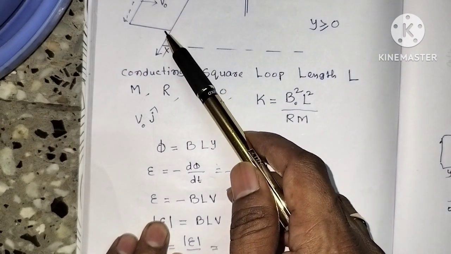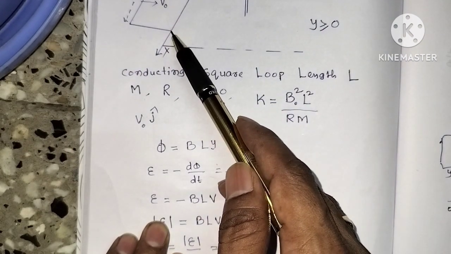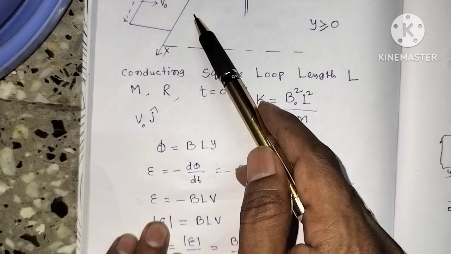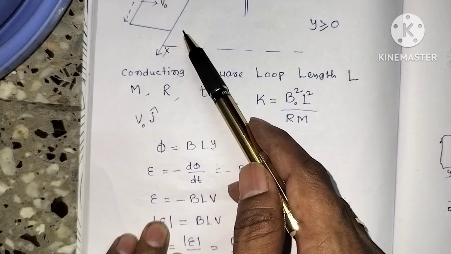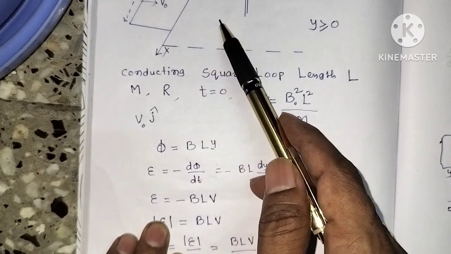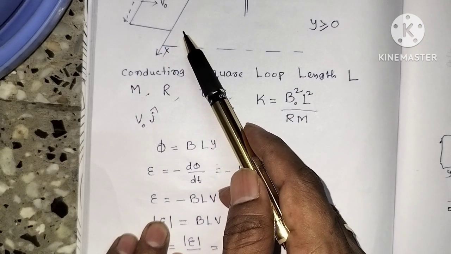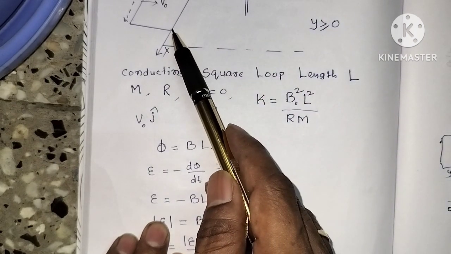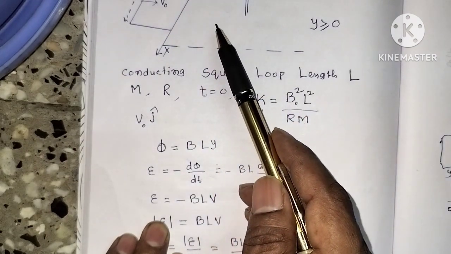So for the flux through the area, suppose it entered some distance like this, so this will be the area. It has traveled a distance of y, because it is the y direction, I am calling it y. That y into L is the area.